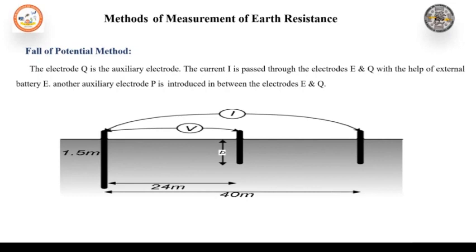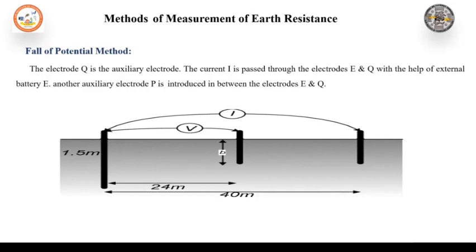Such a potential variation between the electrodes E and Q is developed, and the potential rises near the electrodes E and Q due to higher current density, because that is in the proximity of the electrodes. While in the middle section, the potential will be constant.